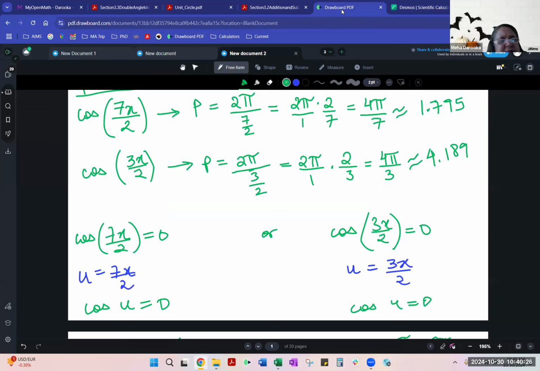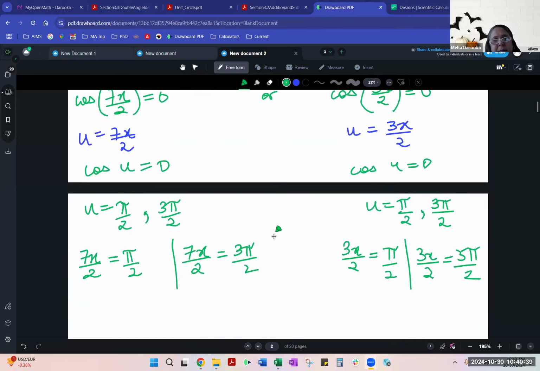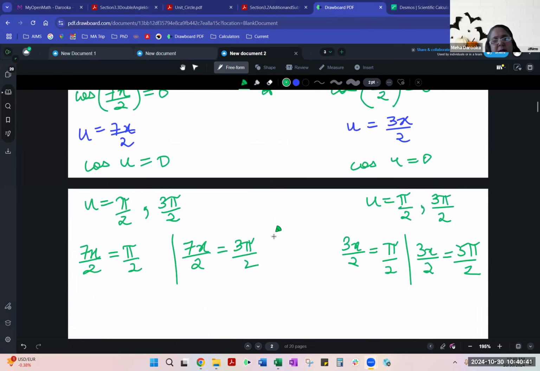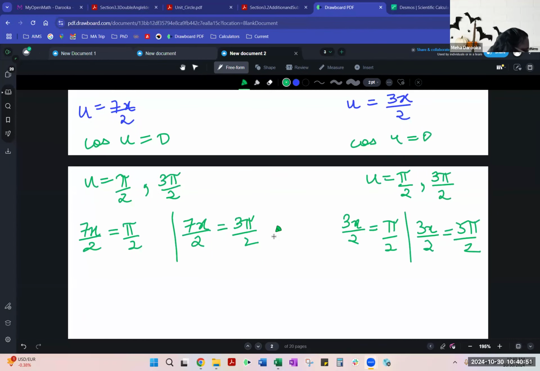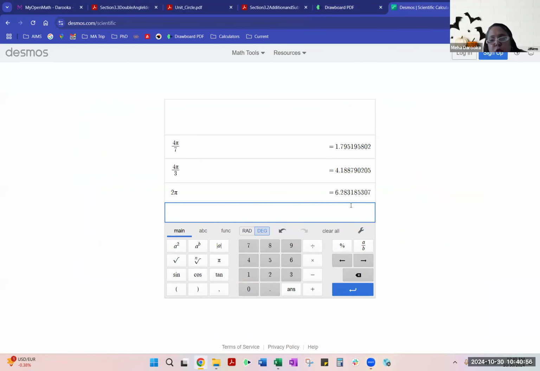So Musab, you said the 3x over 2 function will need 2 cycles of answers, since it will be less than 2 pi for 2 cycles. So what would those angles look like? Again, think about this. 2 pi, if you're just looking at one unit circle, we go from 0 to 2 pi.